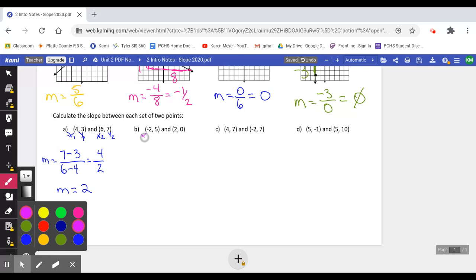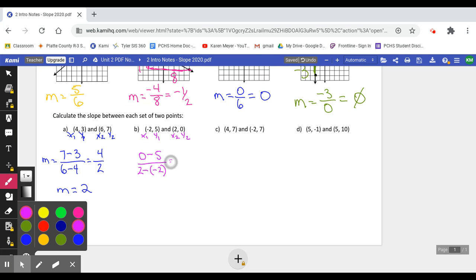So the middle one, x1, y1, x2, y2. So now plug it into your formula. y2 is 0, minus y1, which is 5, over x2, which is 2, minus x1, which is negative 2.